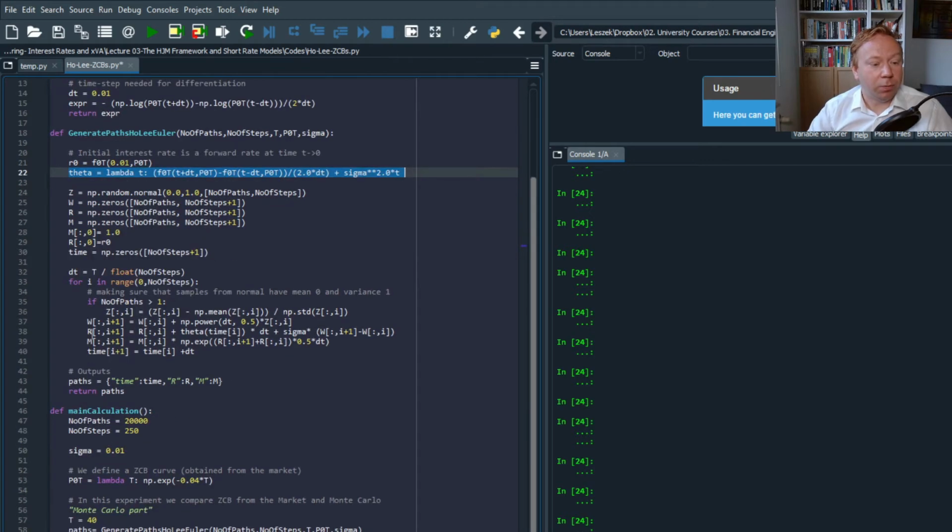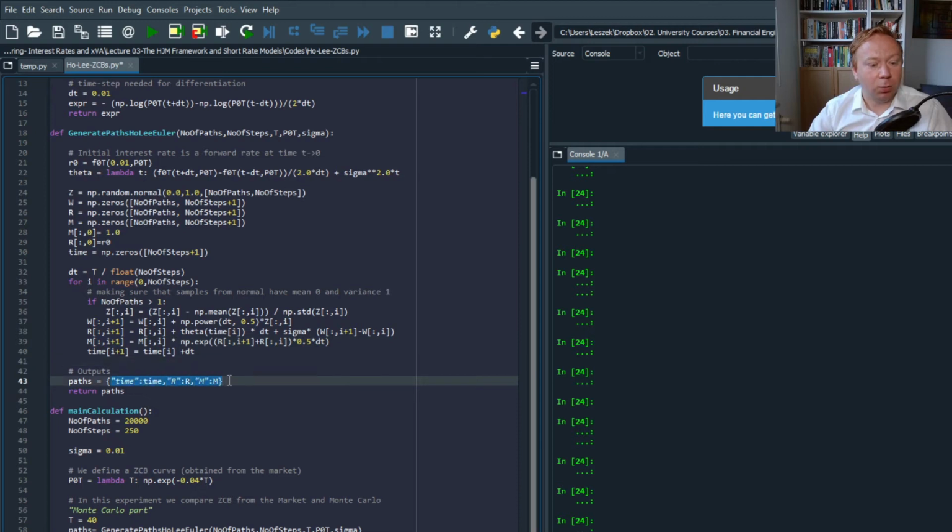Then we perform the Monte Carlo simulation with an Euler discretization: theta times t times dt plus sigma times a Brownian motion. I'm also storing the discount factor m, the exponent of the integral of the interest rate, the money savings account. Then I take 1 over m and its expected value, because this will be our zero coupon bond.